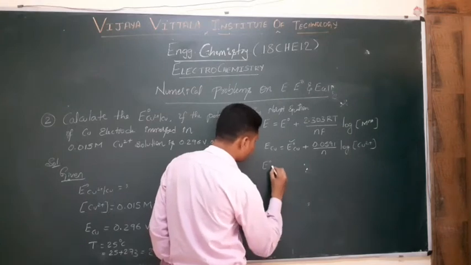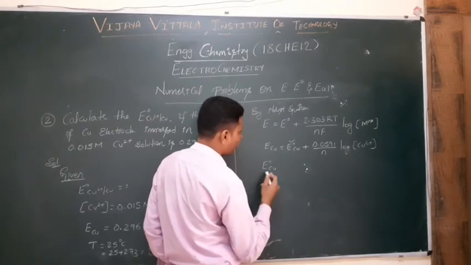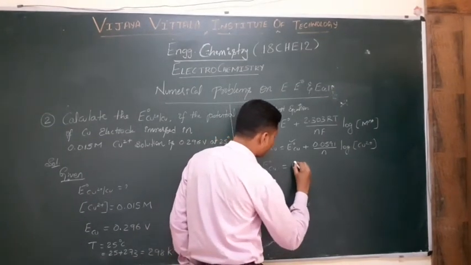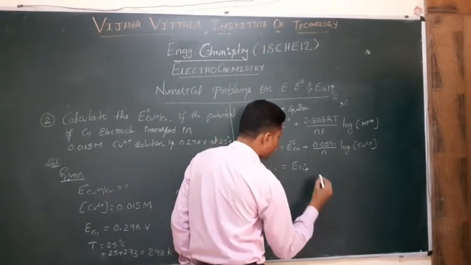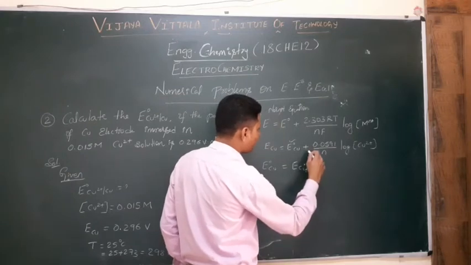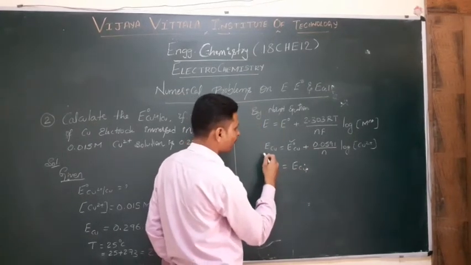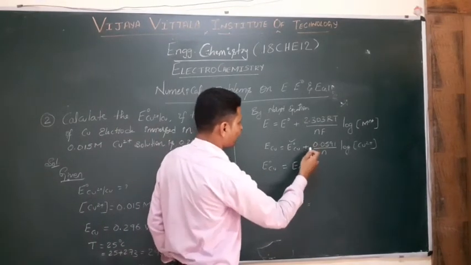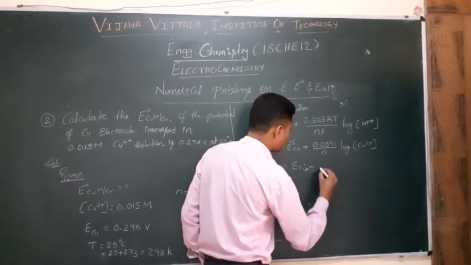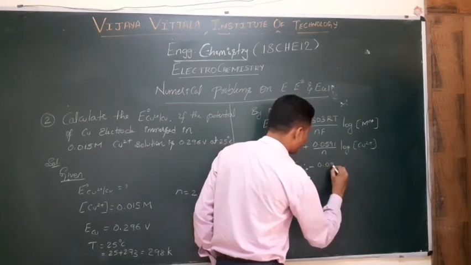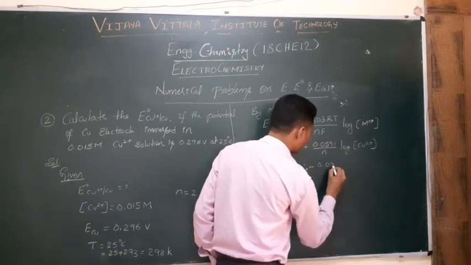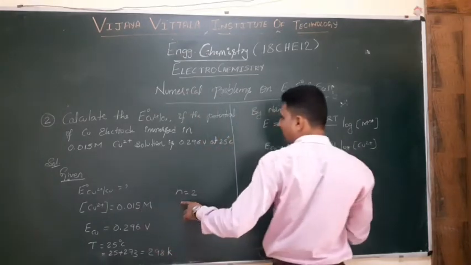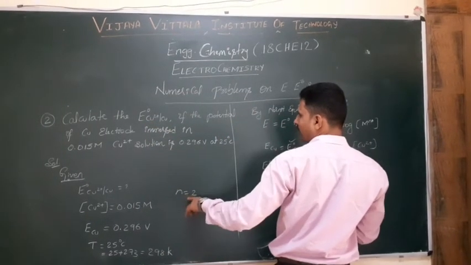On rearranging, the standard electrode potential of copper is equal to the electrode potential of copper minus 0.0591 divided by n into log of copper 2 plus. This term comes to the left-hand side, that means the sign changes to minus. The n value here is 2 electrons.